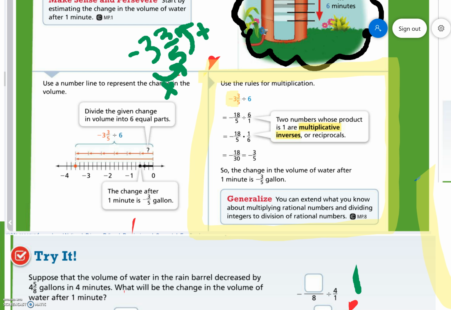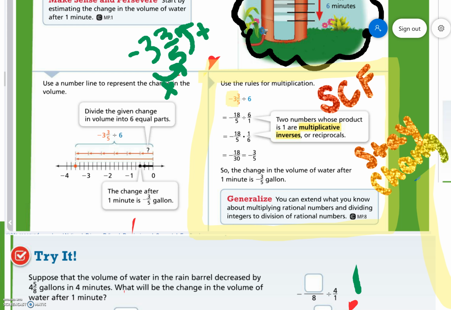Next, we're going to do what you guys are used to calling stay, change, flip. The first fraction is going to stay. The second, the division is going to change to a multiplication. And the third fraction is going to flip.